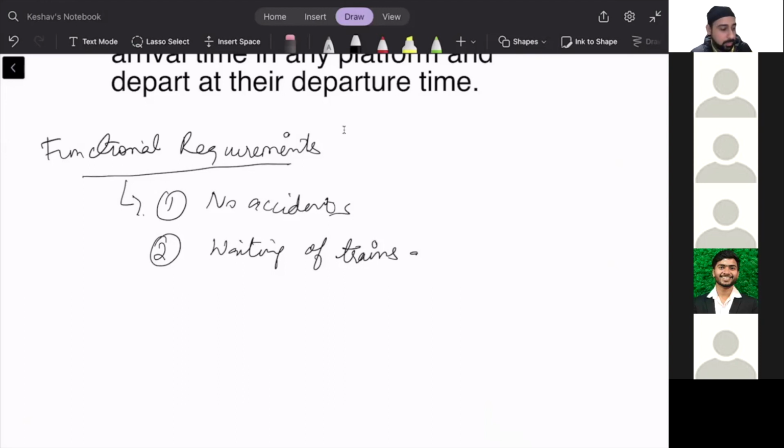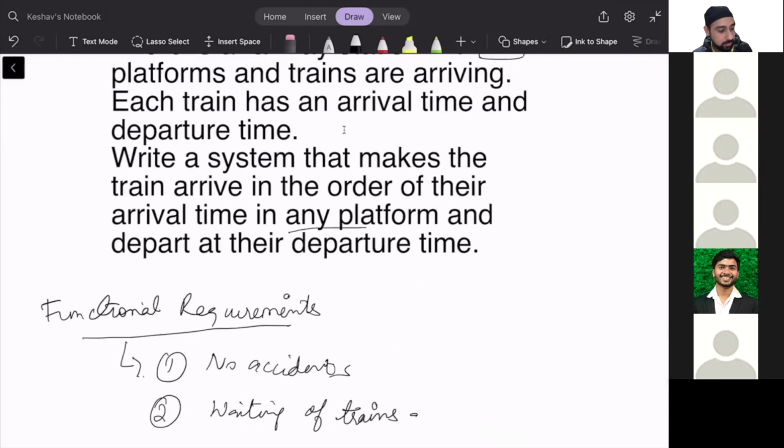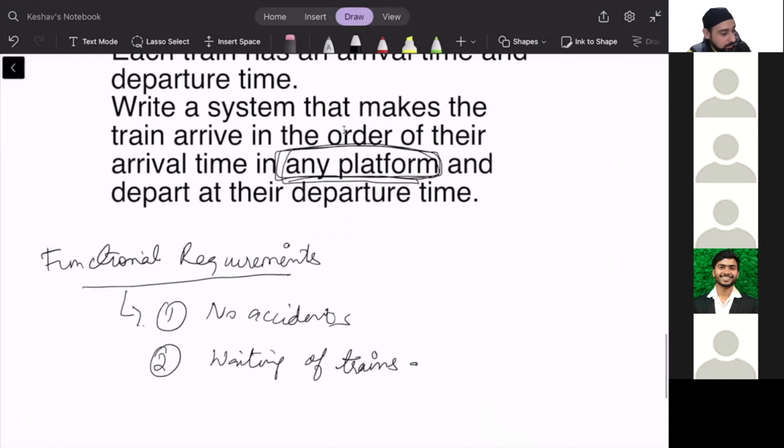And if two trains have the same platform, at least the arrival time of the second train should be after the departure time of the first train. That will at least make sure that whatever trains are coming into whatever platform, they are not colliding with each other. So those are the first two things. Right now, this problem says that you can arrive on any platform.